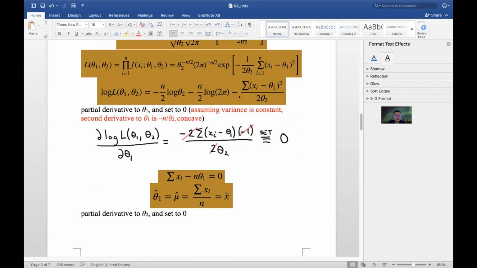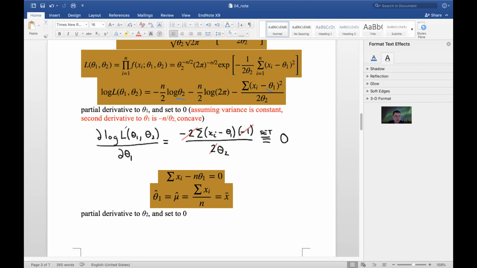So what we want to do is, for our parameters, the variance and the mean, we take the partial derivative with respect to theta 1 and set it to 0, and then take the partial derivative with respect to theta 2 and set it to 0. Let's take a look at what the result will be.